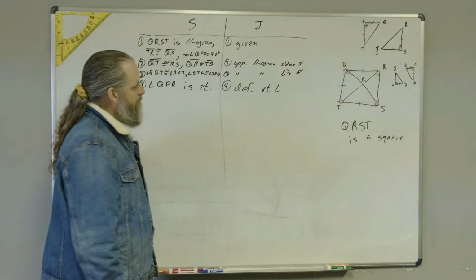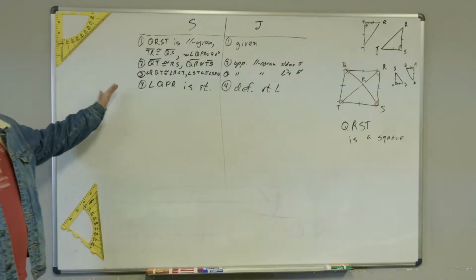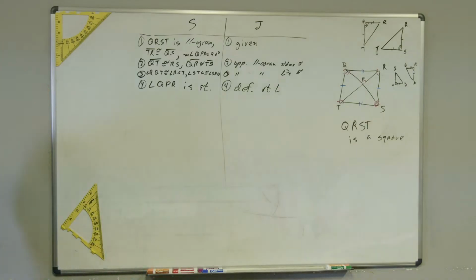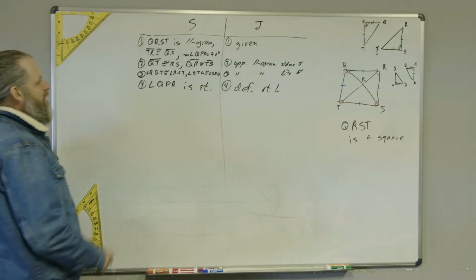Easy peasy, right? We can say that, and since it's a right angle, that means those two lines are what? Perpendicular.